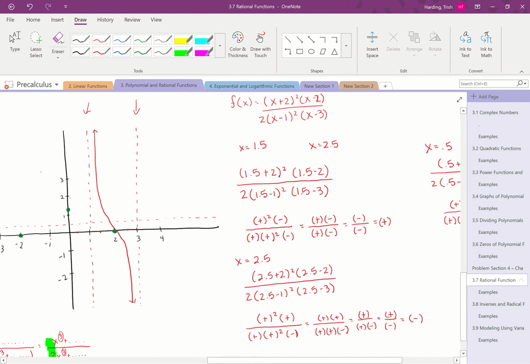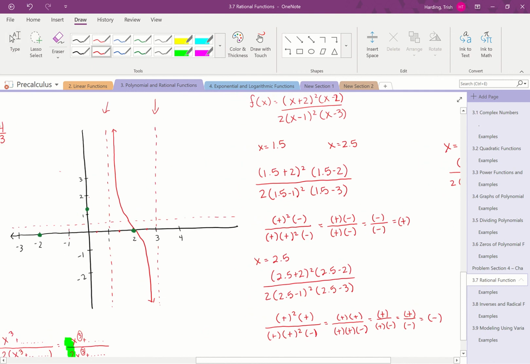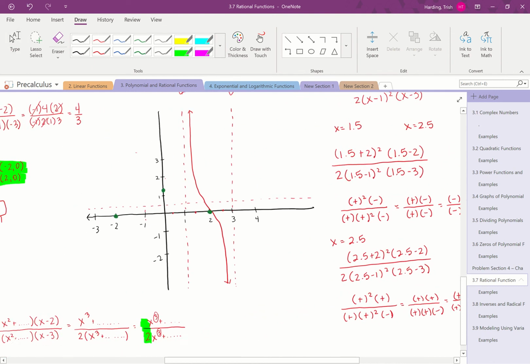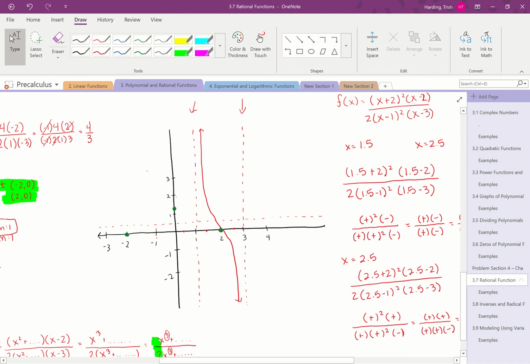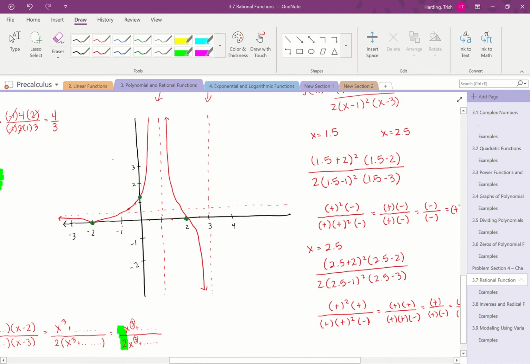So that means when x is 0.5, we're going to be lying above the x-axis, which means that I'm going to assume that our graph is going to come down like this. And remember, it's going to touch here. And then it looks like it will stay underneath that asymptote. So there's one side.